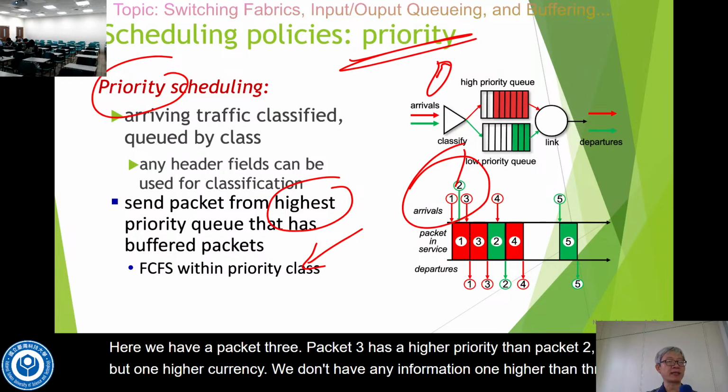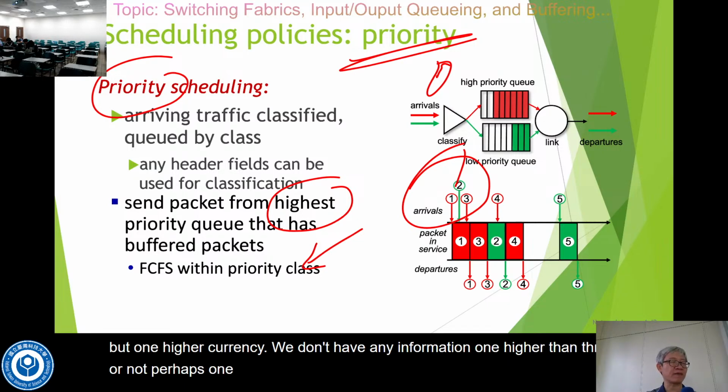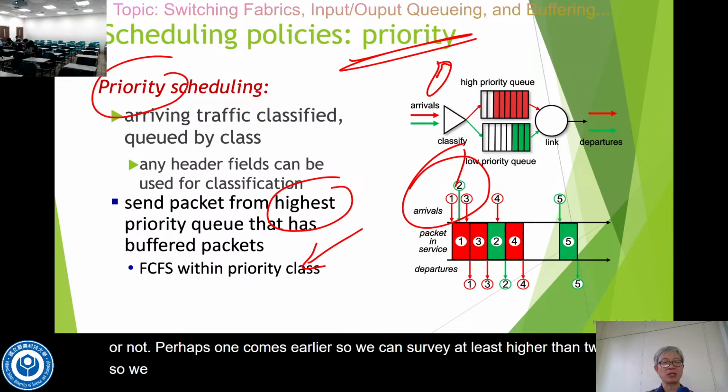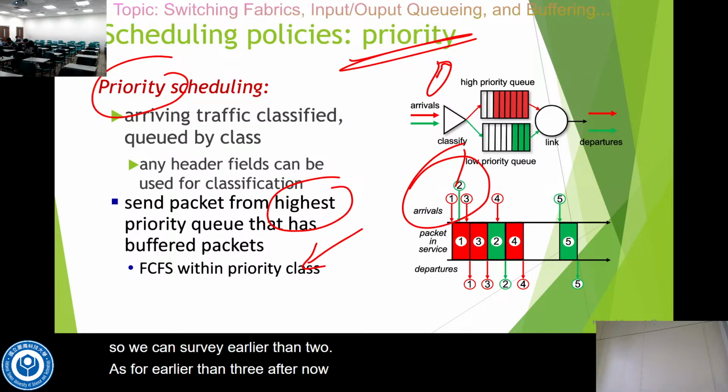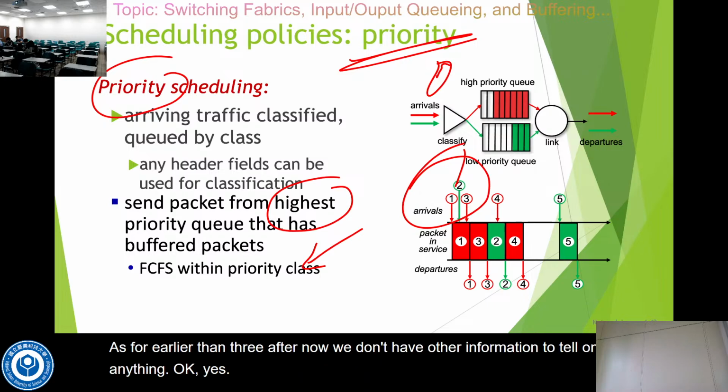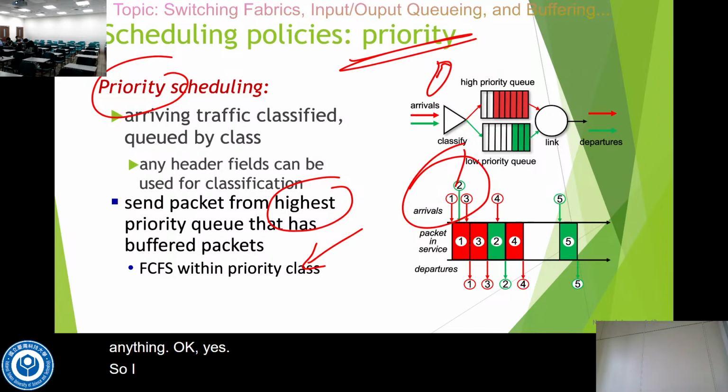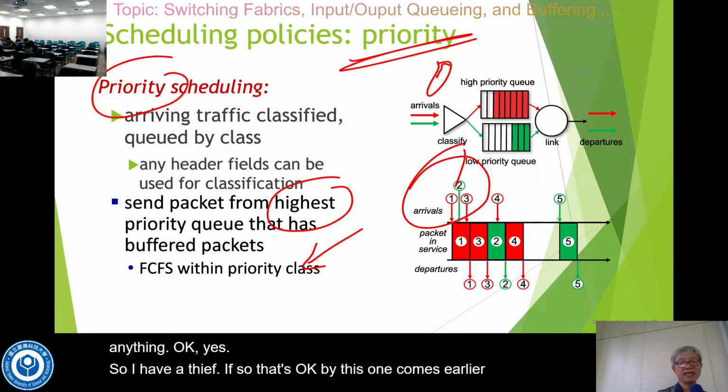Perhaps 1 comes earlier, so we can serve it at least before 2. As for earlier than 3, up to now, we don't have the information to tell. Or maybe you think, okay, yes, it is higher than 3. If so, that's okay. But at least 1 comes earlier than 3, so 1 can be served before 3.